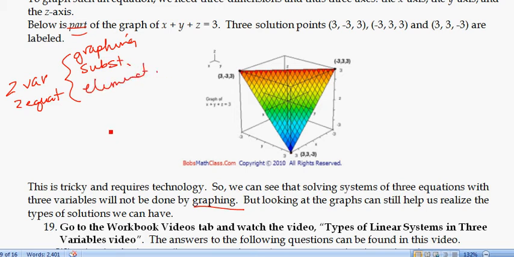And what we're going to see is that's not going to be so helpful when we go to three dimensions, and really elimination is going to be the game changer. That's the one we're going to stick with. Graphing is going to be too tricky. Substitution is not ideal either, although there is some back substitution happening. But elimination is the key, and we will be using those elementary row operations that we were seeing before.